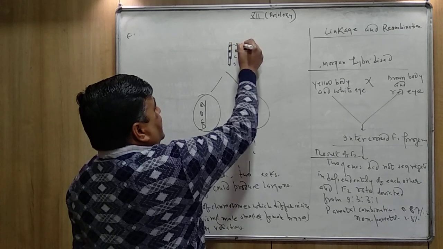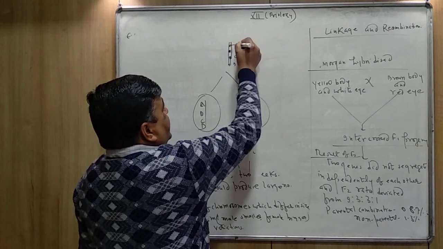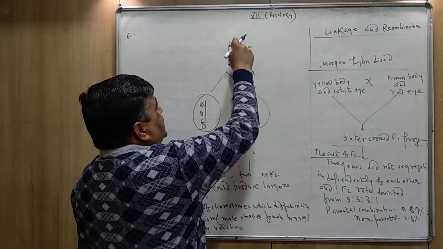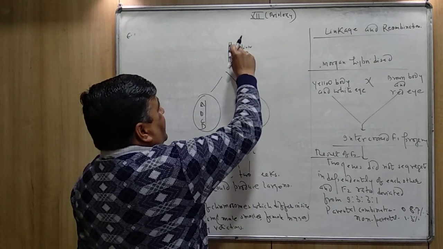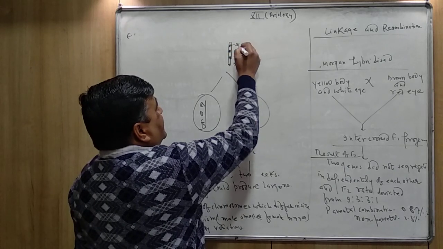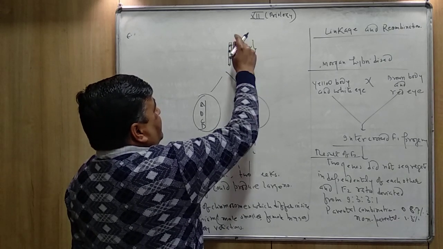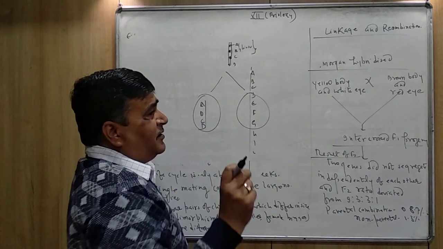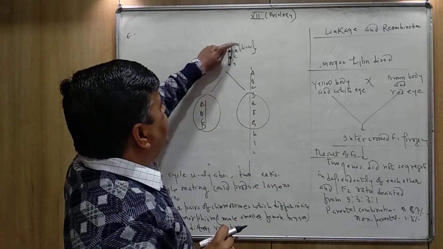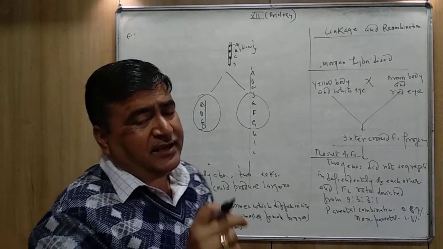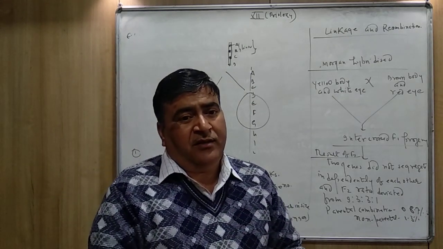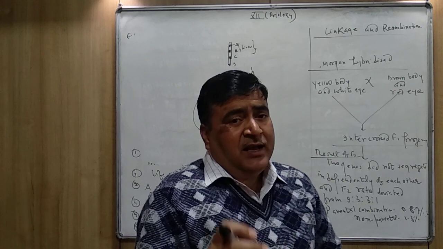The linkage between A and B is more. The distance of A and C is a little bit more in comparison to A and B, so the linkage of A and C will be less than the linkage between A and B. A and D, again it will be less linkage.